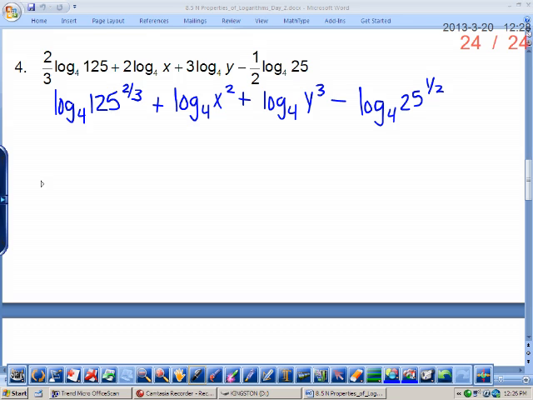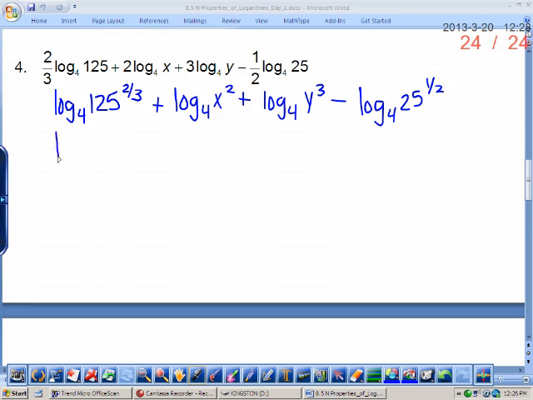Okay, what does 125 to the 2/3 power mean? The cube root of 125 squared. All right, so the cube root of 125, that quantity squared. You could square 125, then take the cube root, but that's harder without a calculator. What is the cube root of 125? 5.